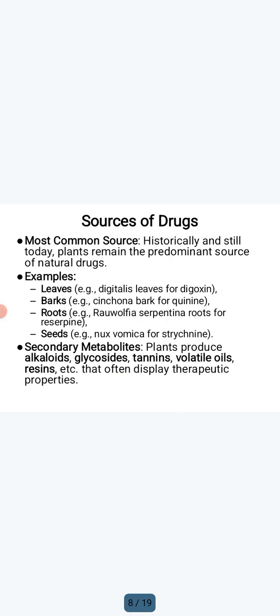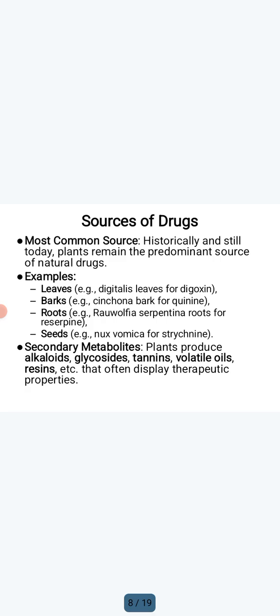The first and most common source of drugs is plant material, nowadays the predominant source of natural drugs. For example, leaves, bark, fruits, seeds, etc. Plants have two types of metabolites.